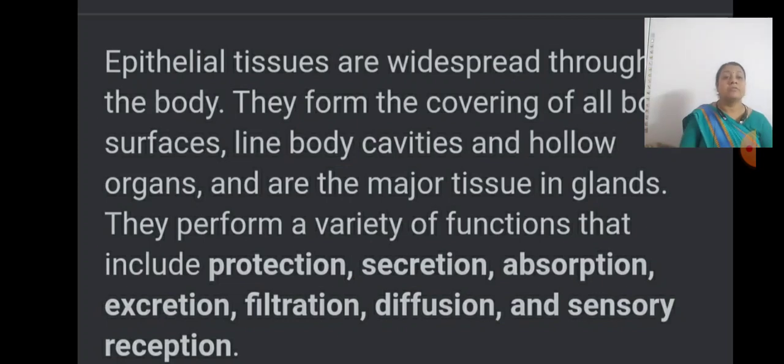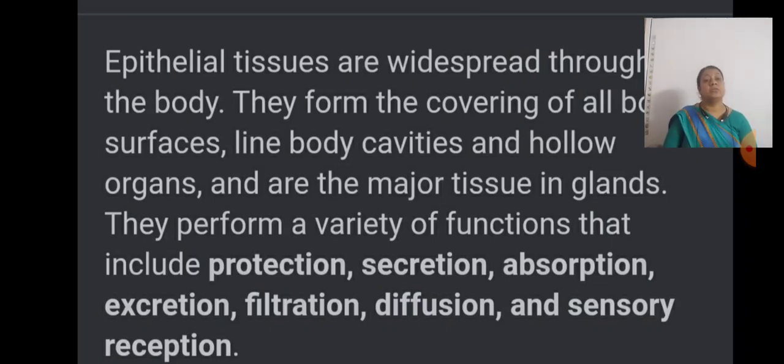Epithelial tissue is widespread through the body. It means it covers most parts of the body, cavities, hollow organs, and other major tissue in the glands. The main functions of epithelial tissue are protection, secretion, absorption, filtration, diffusion, and sensory reception.